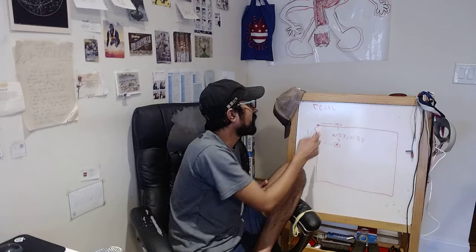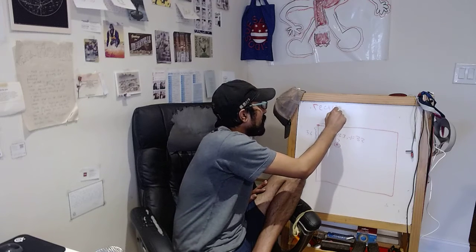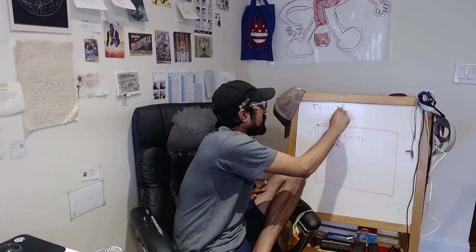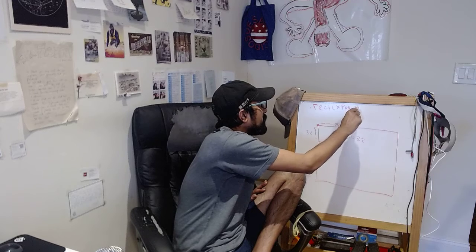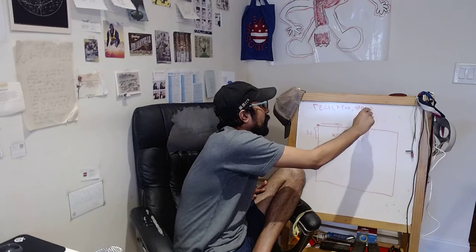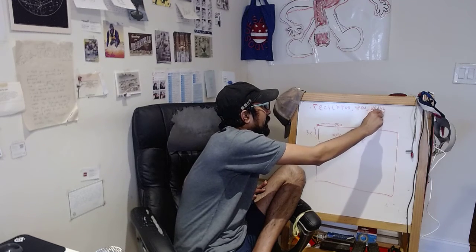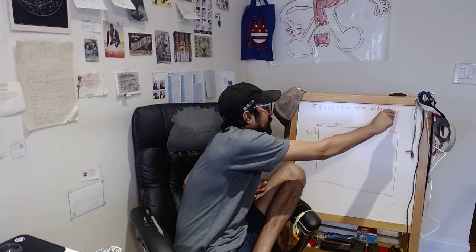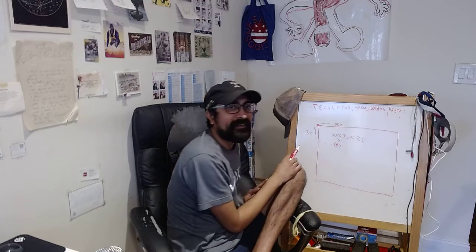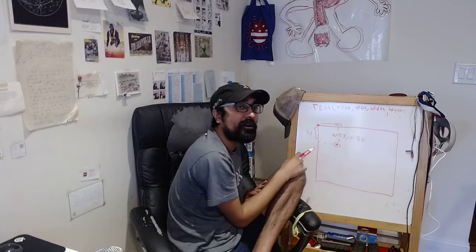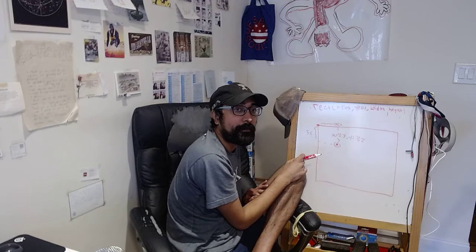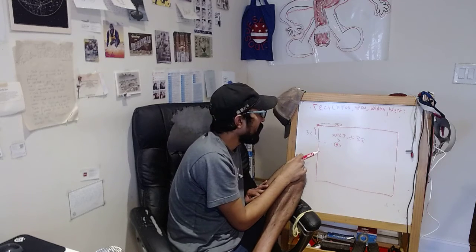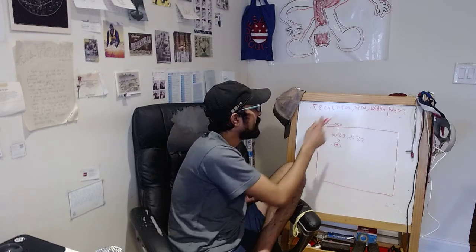But we'll go with this one for now. The rectangle takes an x position, a y position, a width, and a height. So it's actually kind of similar, except instead of the center point, it's taking in an x position and a y position.